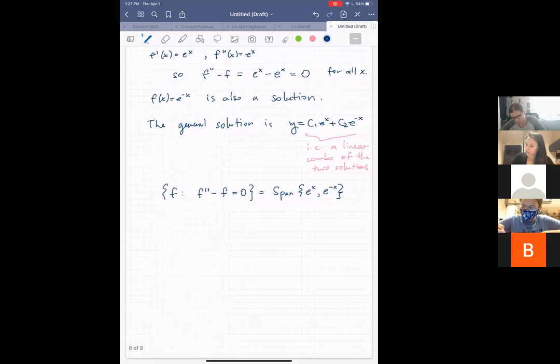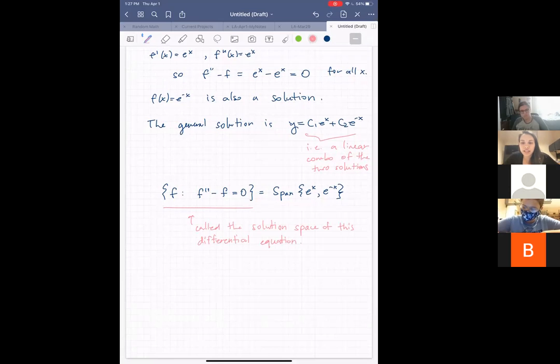So this space right here is called the solution space of this differential equation.